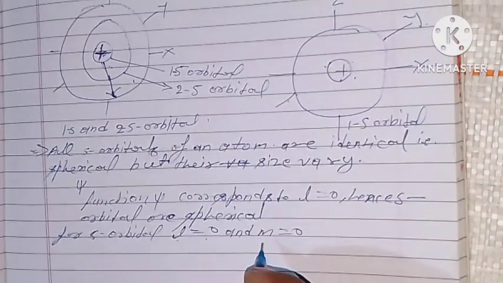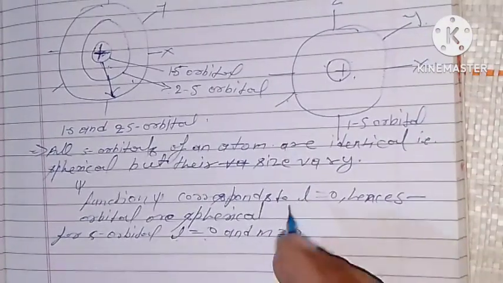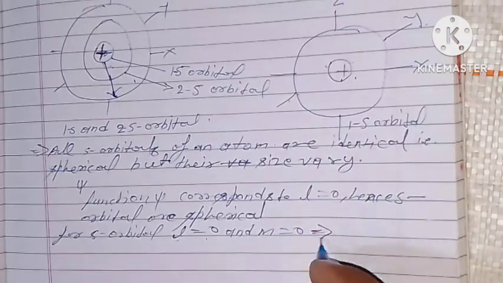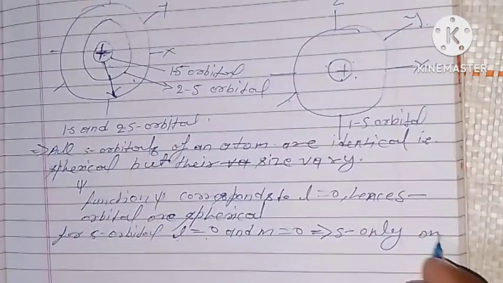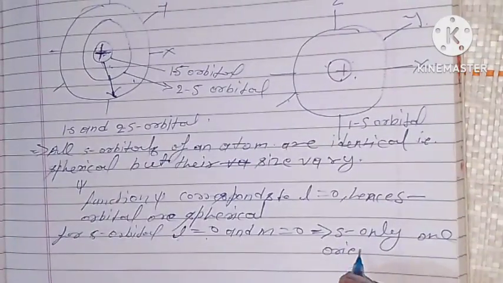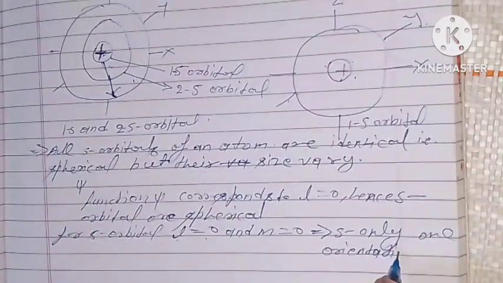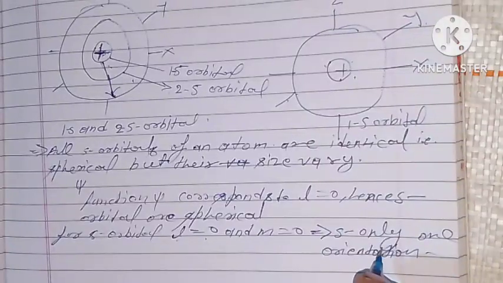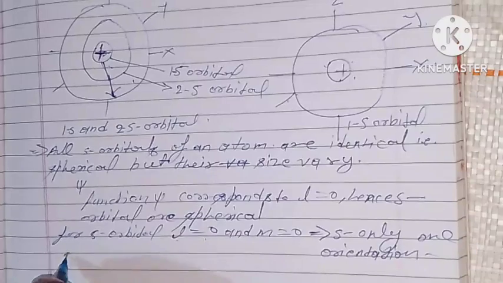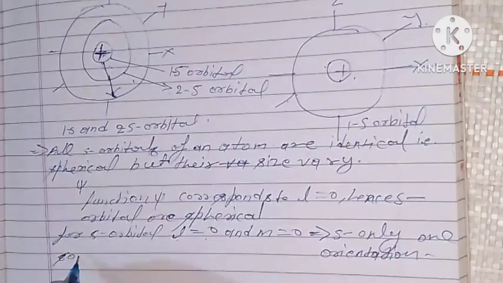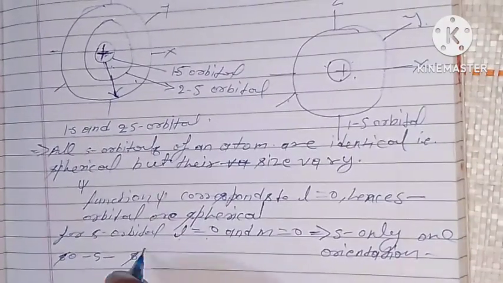This shows that s orbitals have only one orientation. So s orbitals are spherical in shape.